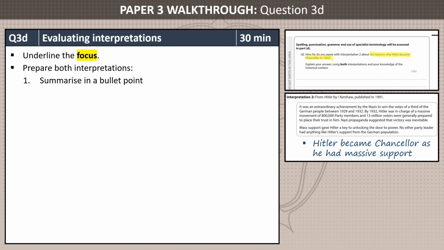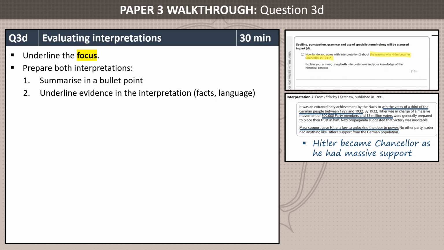This means we summarise the main view in just one bullet point alongside the interpretation. You can see I've done that there as a model for interpretation 2. Then we underline what evidence has the historian used to put forward his or her view. Now I'm looking in particular for any facts that the historian has used, any opinionated language where the historian has emphasised something.